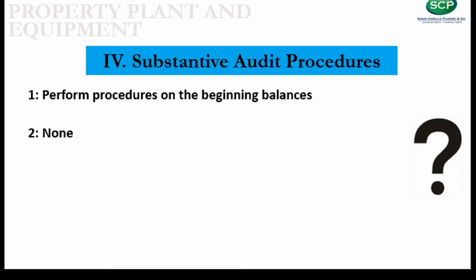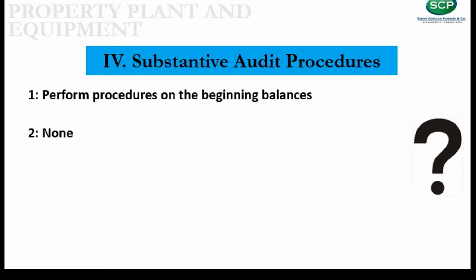1. Management is committed to a plan to sell. The asset is available for immediate sale. There's an active program to locate a buyer. The sale is highly probable within 12 months of classification as held for sale.